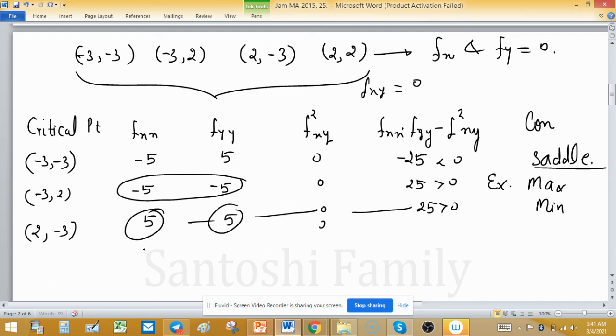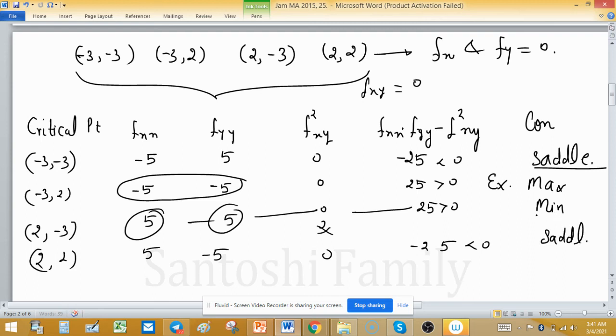Now the point 2 comma 2: values 5 and minus 5, this value is 0, and the product is minus 25, which is less than 0, so this is again a saddle point.